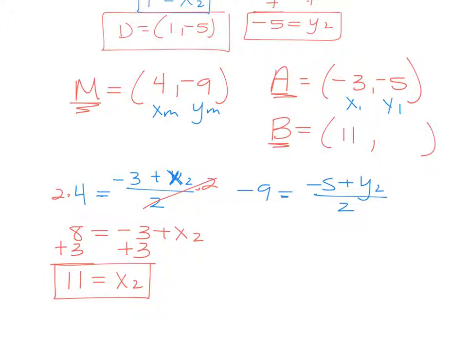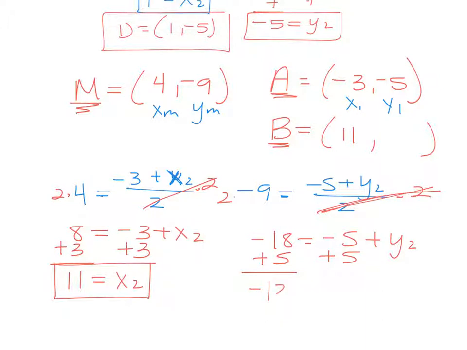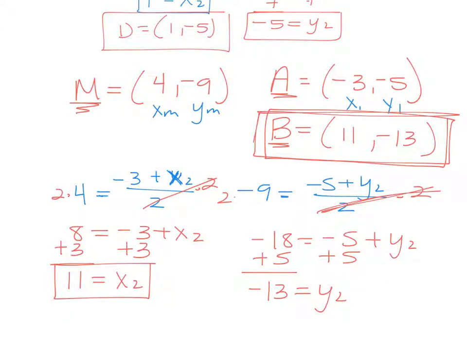Your y value, multiply by 2, multiply by 2, so -18. This canceled. We're going to do this. So you would get that. So if you have an answer and you want to check it, that's the one I have boxed up here. That's what your answer should be for those numbers.